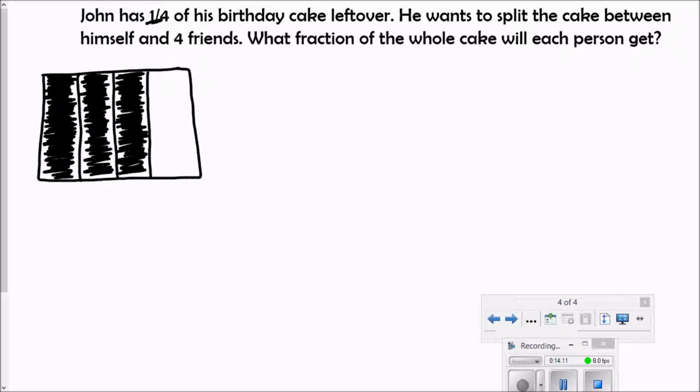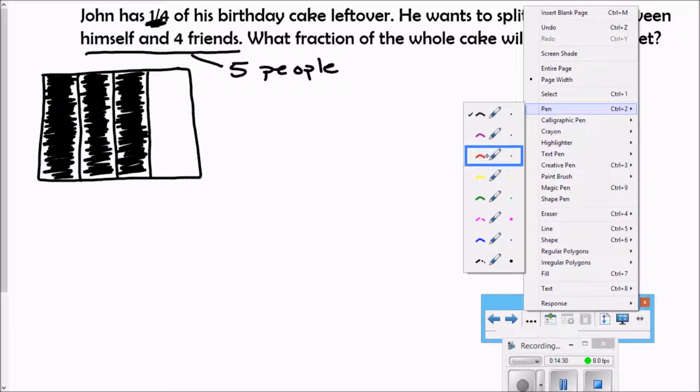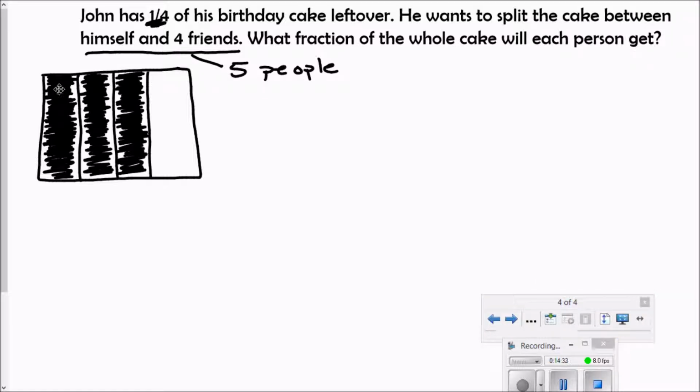It says he has 1/4 of his birthday cake, and he wants to split the cake between himself and 4 friends. So that part gives you a total of 5 people. So what we need to do is divide the remaining birthday cake up into 5 parts. Just like the last one, I want to show the whole cake being divided into 5 parts because the question asks what fraction of the whole cake will each person get.